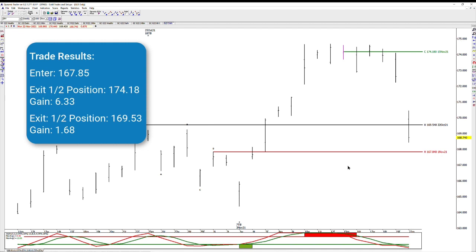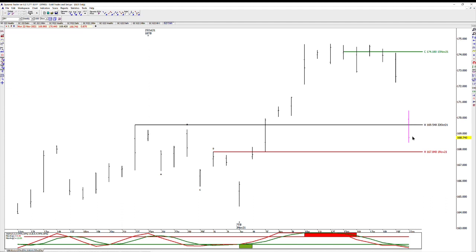So all in all, a pretty good trade, particularly considering the aftermath of this top and this big gap down and really significant down day that day. Actually managed to secure a partial profit. Inexperienced traders would go, oh my God, I just gave back so much potential profit.